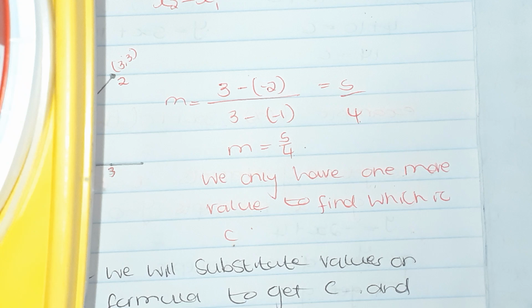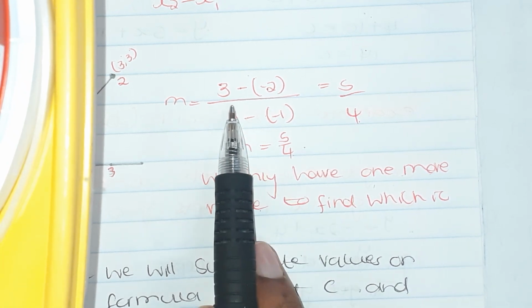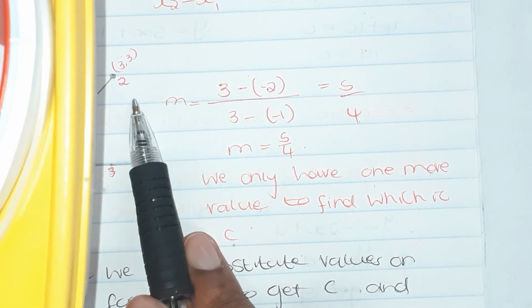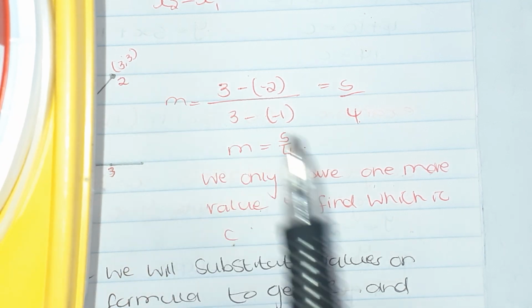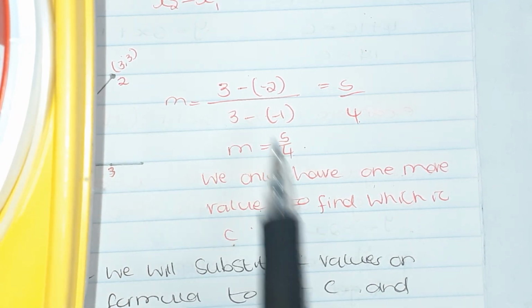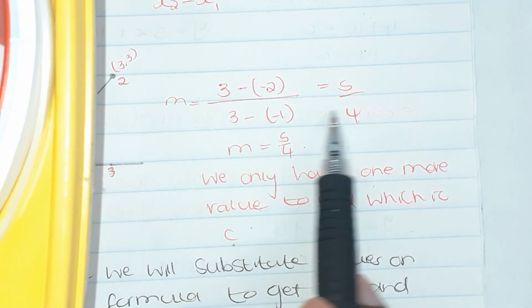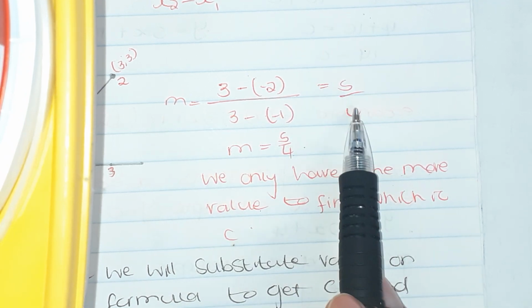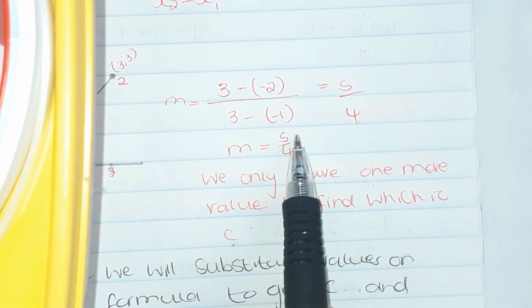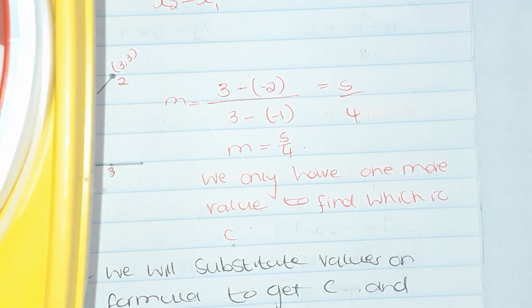So the first thing you will do when you are asked to determine the equation of a straight line is take your coordinates on the graph, we have -3 and 3, and then there we have -1 and 2. We substitute them into this equation, then we get our gradient. The gradient is 5/4.